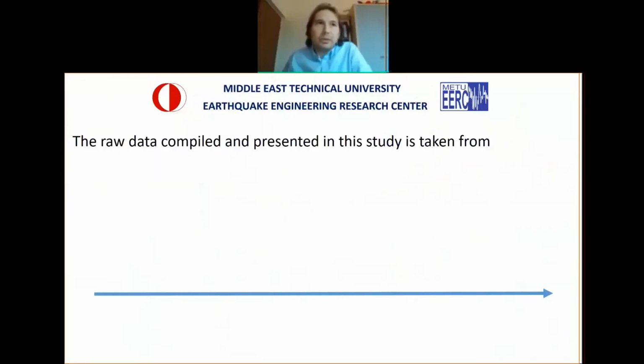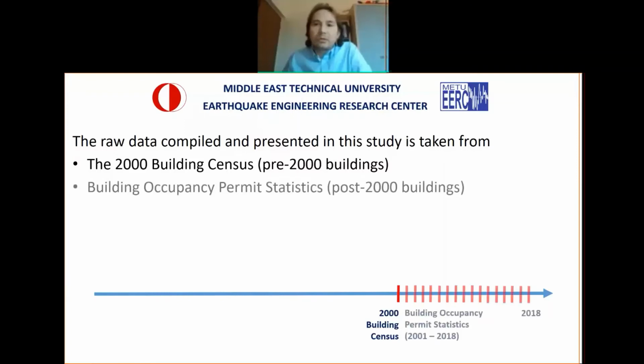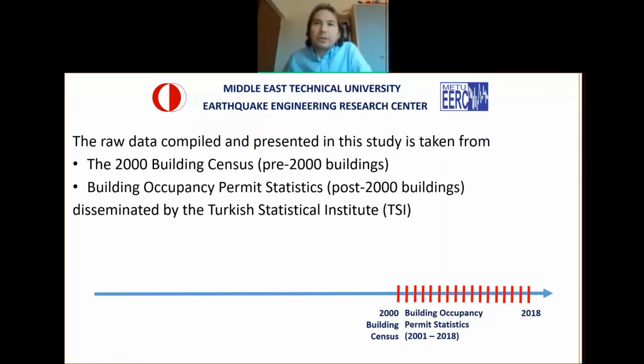The data compiled and presented in this study is taken from the 2000 building census for pre-2000 buildings and the building occupancy permit statistics for post-2000 buildings. Both of these are disseminated by the Turkish Statistical Institute, the raw version of this.